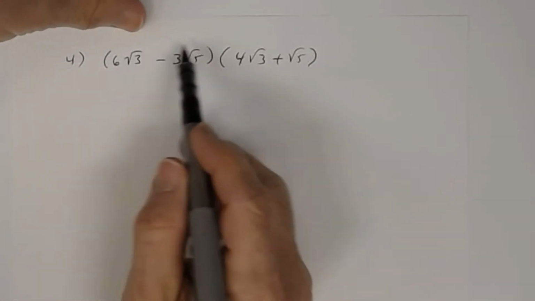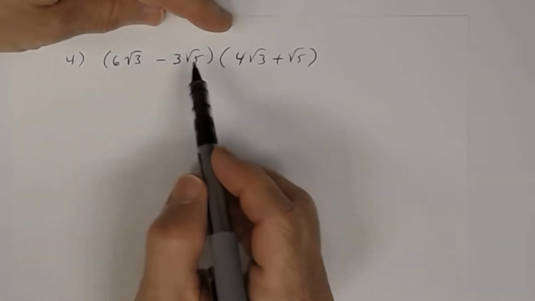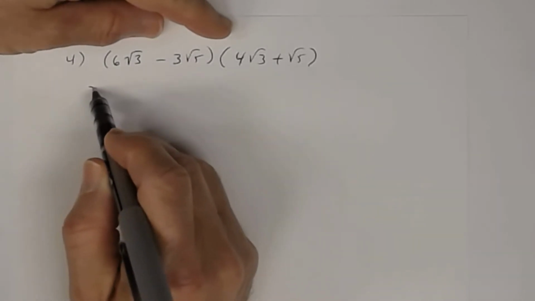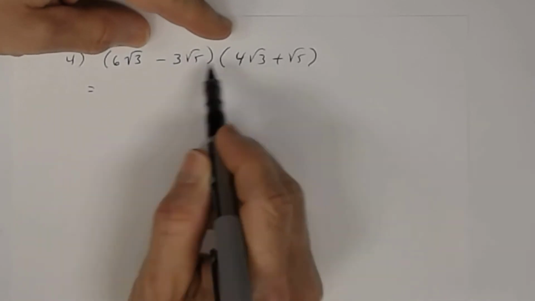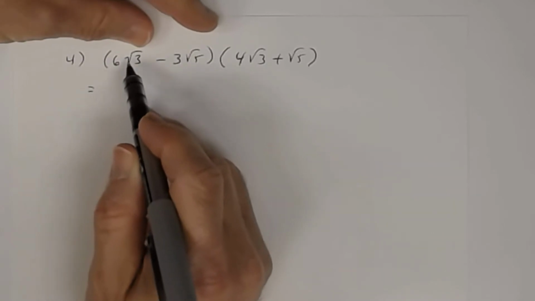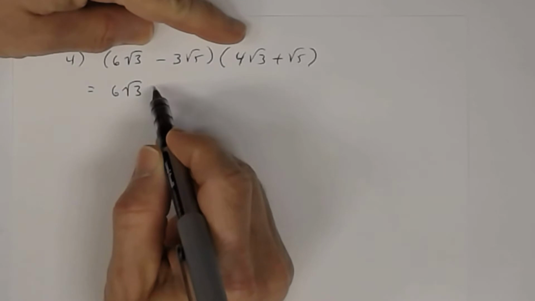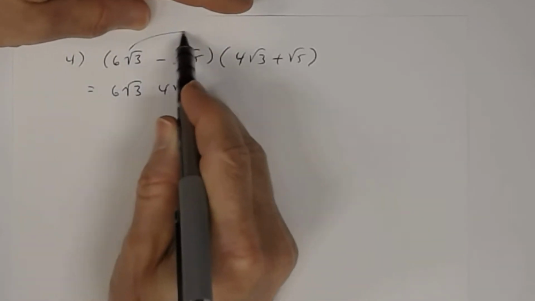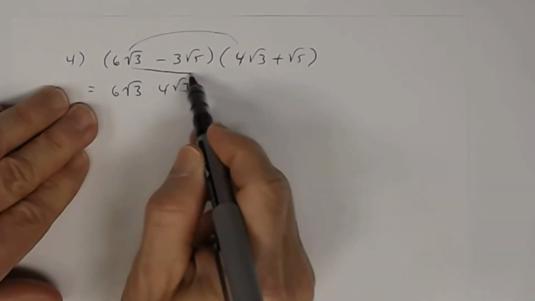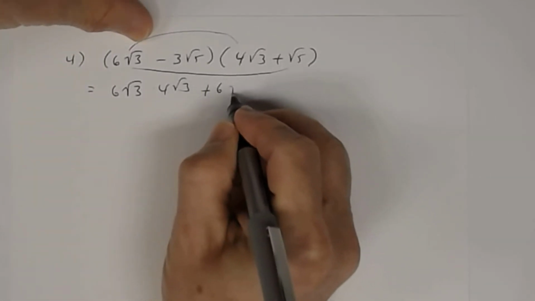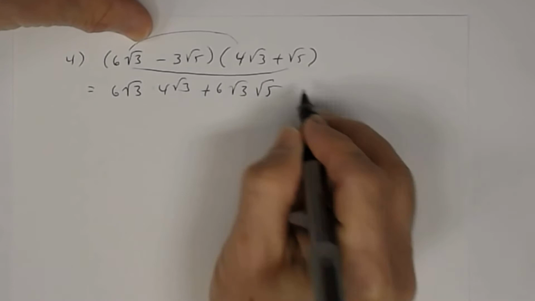Now, be careful. Try not to do too much in your head if you feel you're not going to be careful. So you have this times this. I'm going to go ahead and rewrite it. So 6 square root of 3 times 4 square root of 3. So that's first. The outer is 6 square root of 3 times the square root of 5.